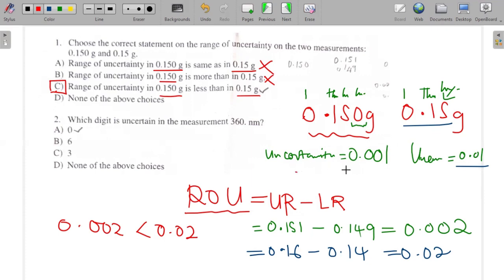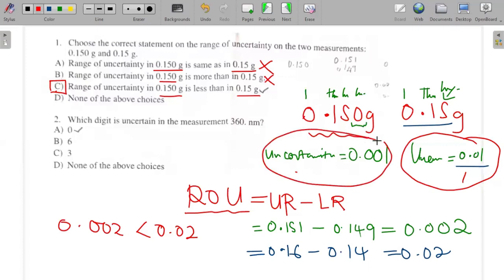The one with the lower uncertainty will have a lower range of uncertainty, and the one with the bigger uncertainty will have the bigger range of uncertainty. This one was 0.01, which is bigger than this 0.001. So we expect the range of uncertainty for this to be greater than the range for this. Any questions on question 1?